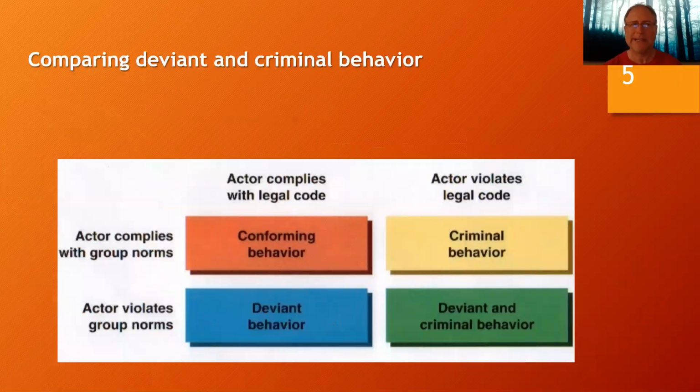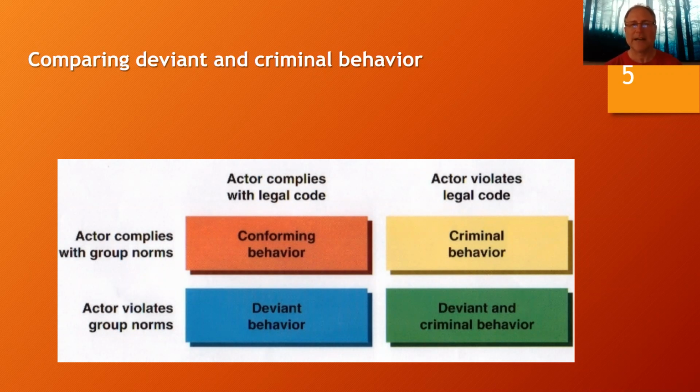Let's compare deviant and criminal behavior. And what you're looking at on your screen are three deviant types and conforming behavior by definition. The way to understand this is by looking across the top, you will see that an actor or an individual has two choices.